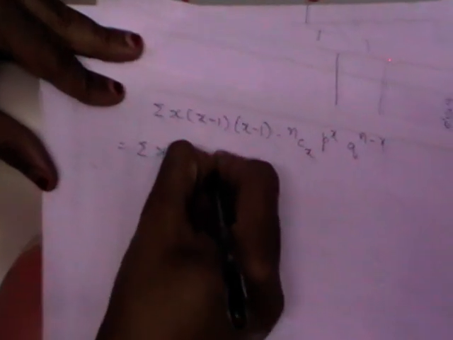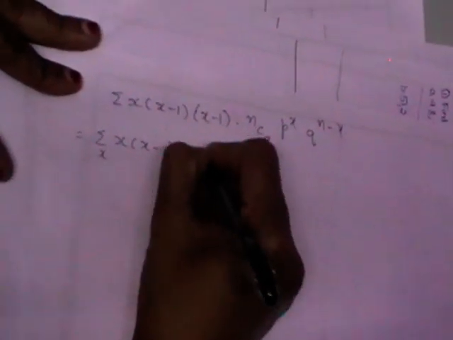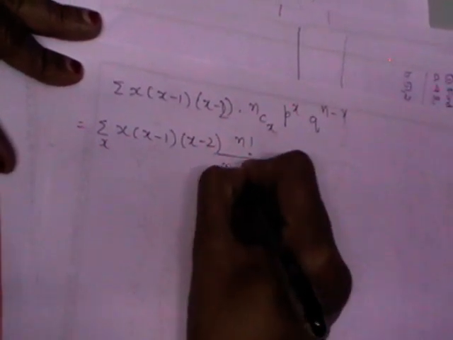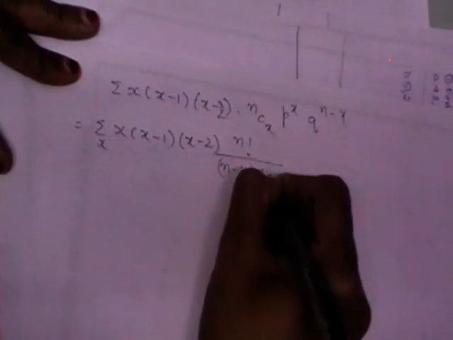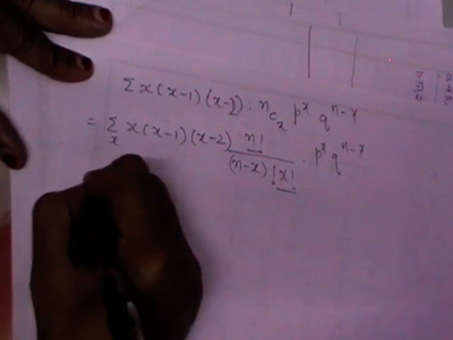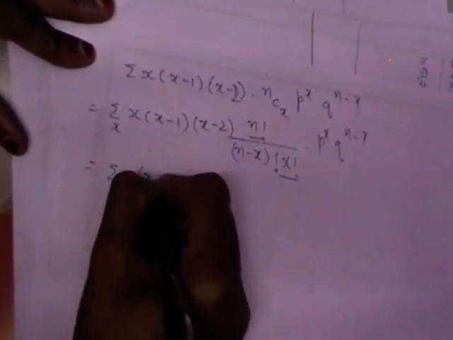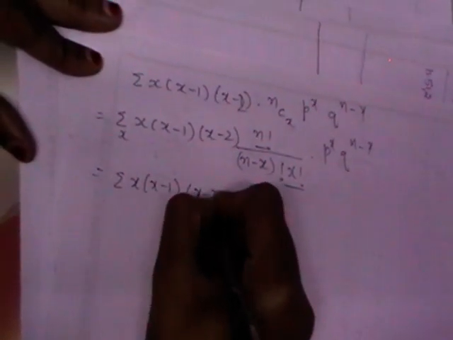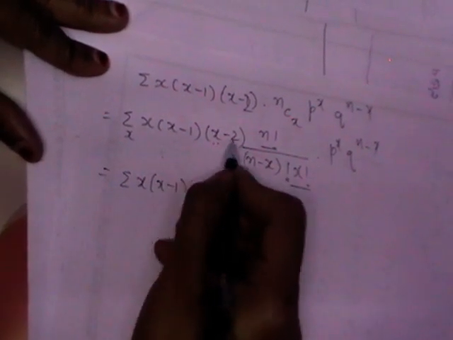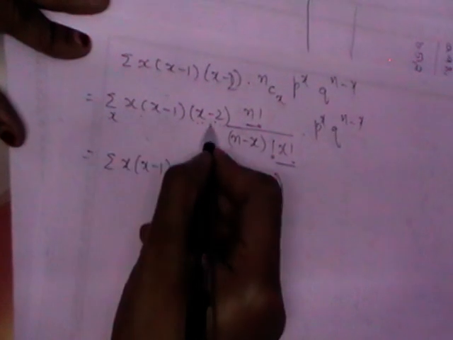Write this x as x is the variable here, x minus 1, x minus 2, and nCx you are going to replace with n factorial by n minus x factorial into x factorial. Write these two as it is. Now in the next step you expand these two, meaning sigma x into x minus 1 into x minus 2. For n factorial you need to write till n minus 2 into n minus 3 factorial, as we have x into x minus 1 into x minus 2.